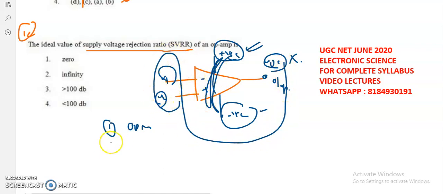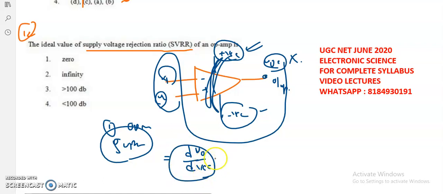So the SVRR, the supply voltage rejection ratio, is given as the variation of the output voltage based upon the variation of the power supply. It is a ratio between these two. Practically, this variation should not happen. So what is the ideal value? 0. That means the variation must be null. So the first option is the correct one.